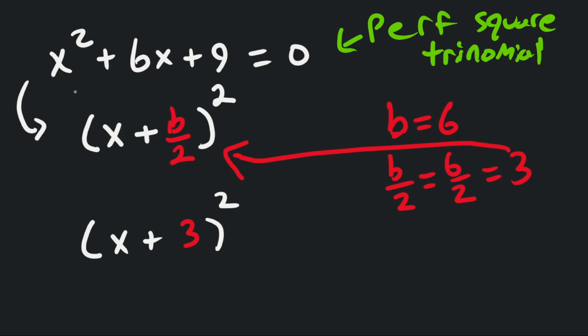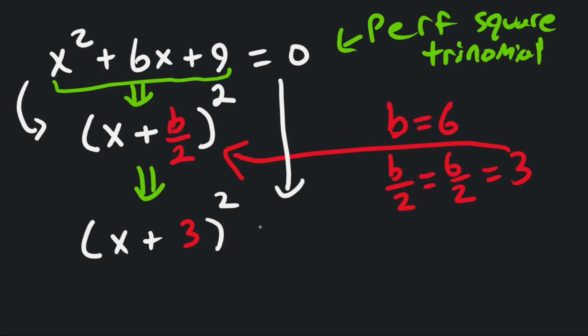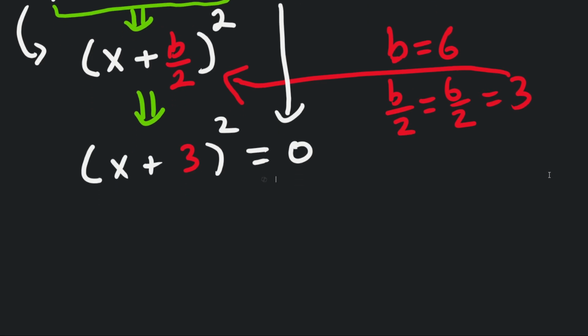Good, so we started with this perfect square trinomial, and we came to this step, x plus 3 in parentheses squared, and remember that this all equals 0. Perfect. So x plus 3 squared equals 0. What is the next step? How do we isolate this x?